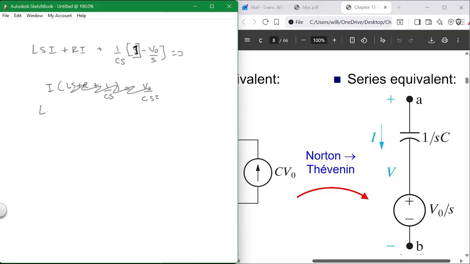So it's L times S times I plus R times I plus I over CS minus 1 over S equals 0. So now I've got my I terms, I times LS plus R plus 1 over CS equal to 1 over S. So what do we do to get this correct, or to get this right?